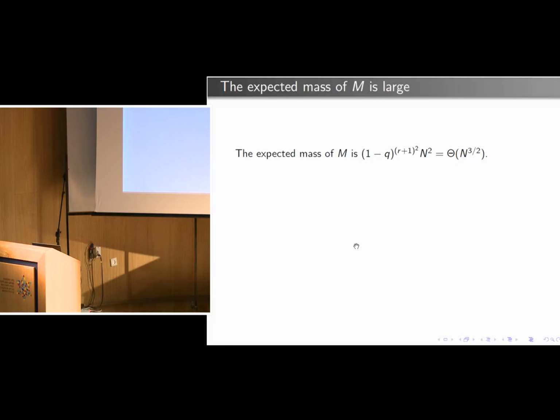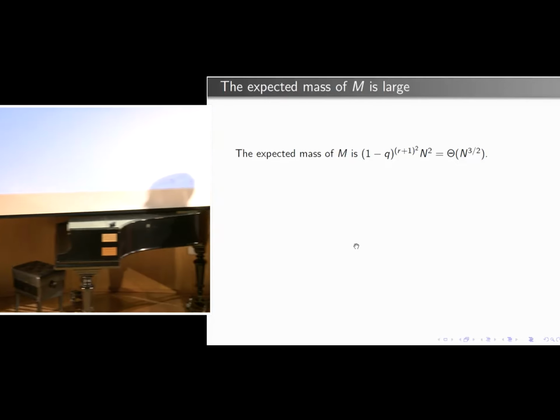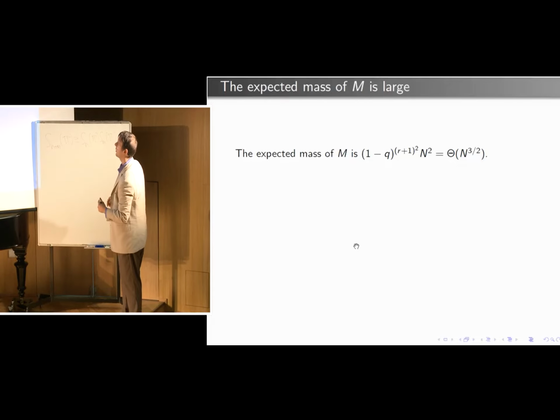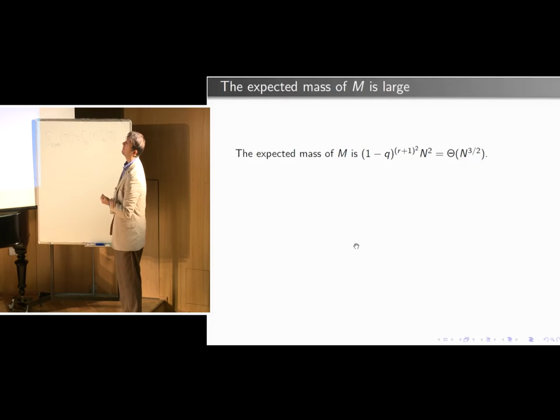Notice that if you have the numbers 1 through n, and n is 2 to the r, for each element between 1 and n, there are exactly r plus 1 dyadic intervals that contain it, 1 for each power of 2. So each entry of this matrix is in exactly (r plus 1) squared dyadic rectangles.